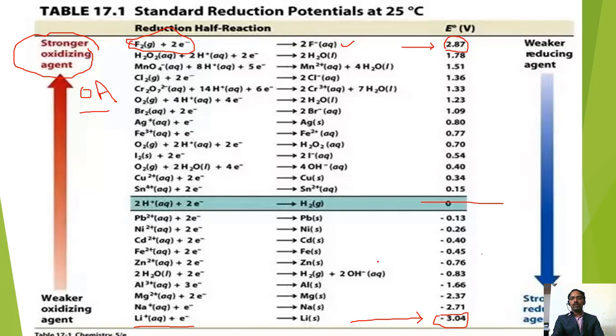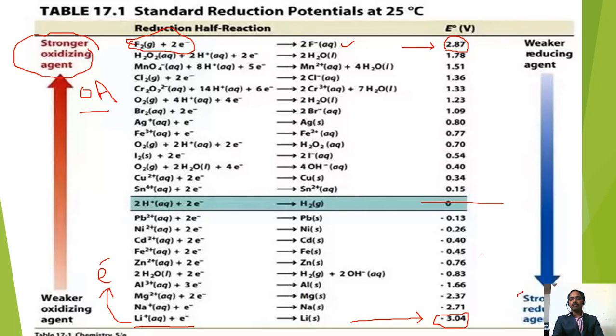Now, the lower ones have negative reduction potential values, indicating that those are not ready to take electrons. Generally, those are losing electrons. Losing electrons means these are acting as good reducing agents.